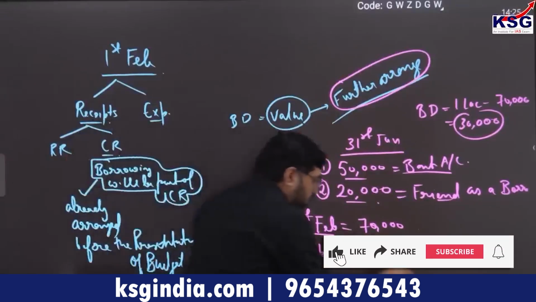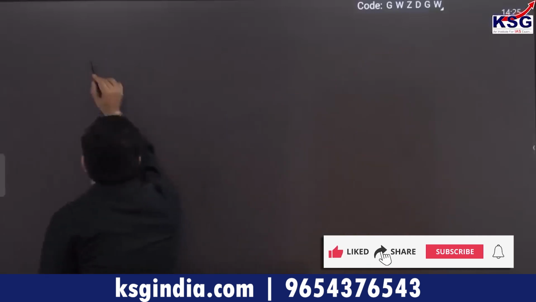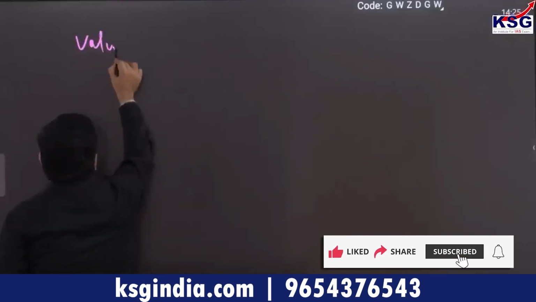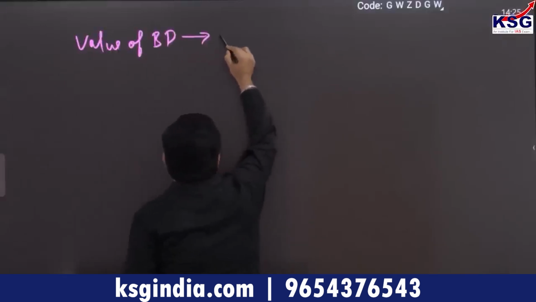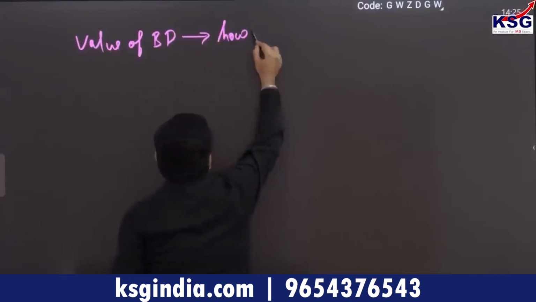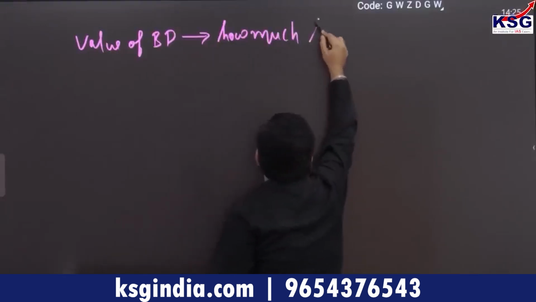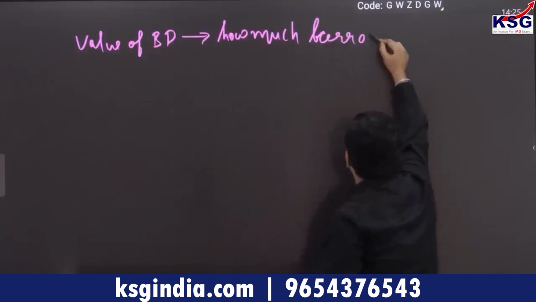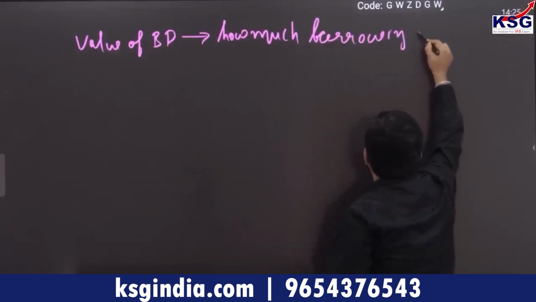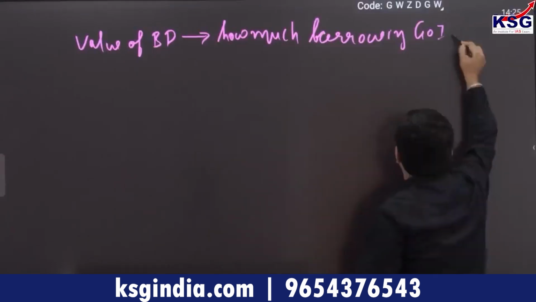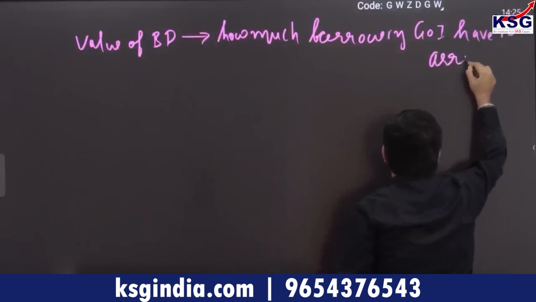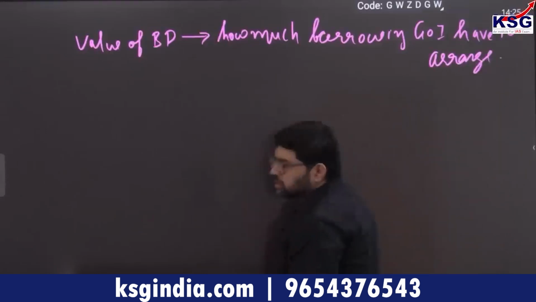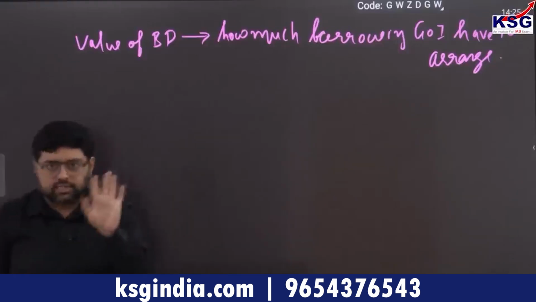So remember this thing, that the value of budget deficit only talks about how much borrowing the government of India has to arrange. Clear? So it does not talk about the amount they have already arranged. Clear?